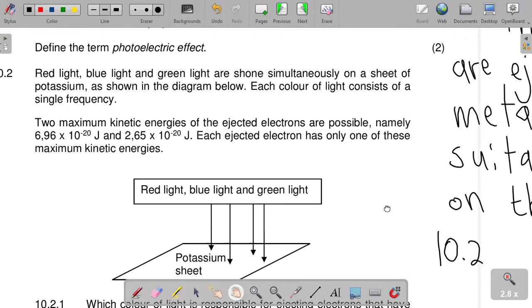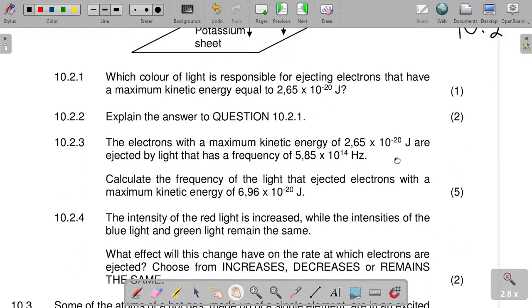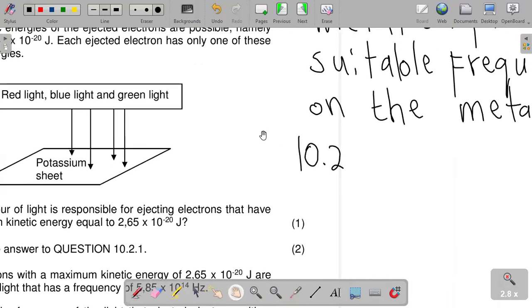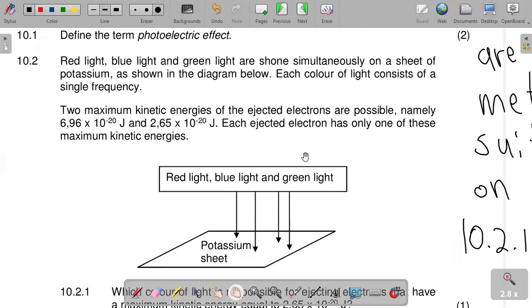And then 10.2, let's go to 10.2. That was all they want for 10.1, the definition. For 10.2, they say this: red light, blue light, and green light are shown simultaneously on a sheet of potassium, as shown in the diagram below. Each color of light consists of a single frequency.